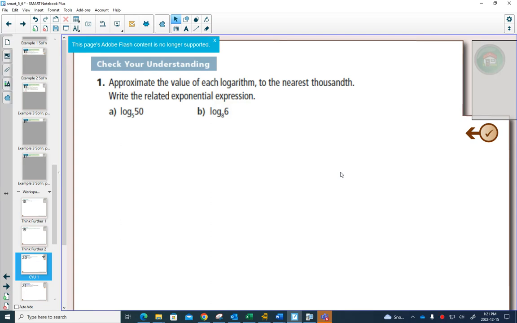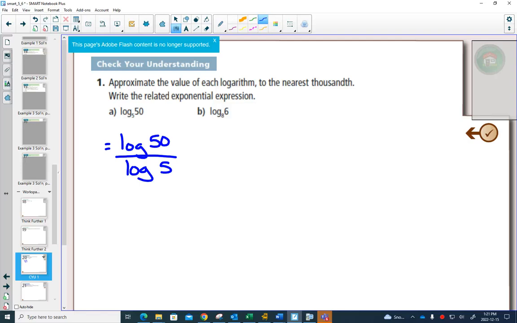For those of you that have the log base on your calculator, you just type in log base 5 of 50. But if you didn't have the log base on your calculator, then you could use the change of base theorem to write this as log 50 divided by log 5.